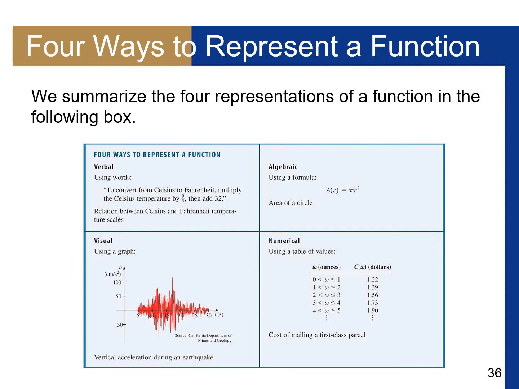So here again are the 4 ways to represent. You can represent it verbally, you can represent it by an algebraic expression, you can have a graph, or you can have it in a table. And you might want to do all 4.